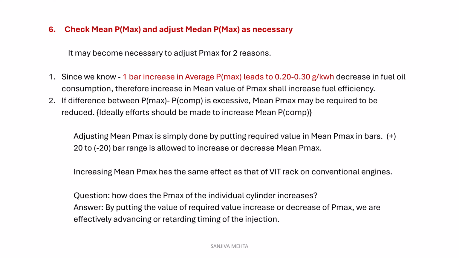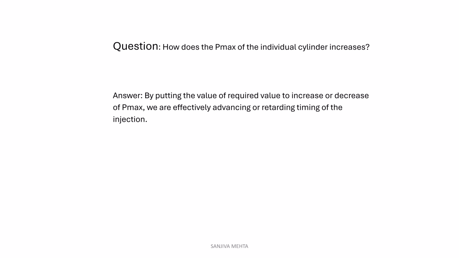So how does the Pmax of the individual cylinder increase? By putting the required value to increase or decrease the Pmax, we are effectively advancing or retarding the injection timing of the particular unit, depending on whether you are increasing or decreasing the value of the Pmax. All right. Any questions?